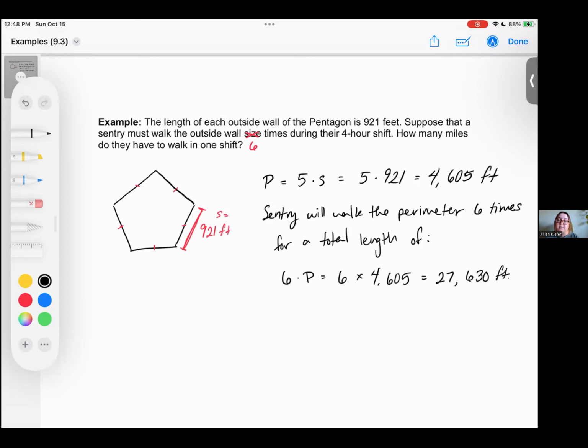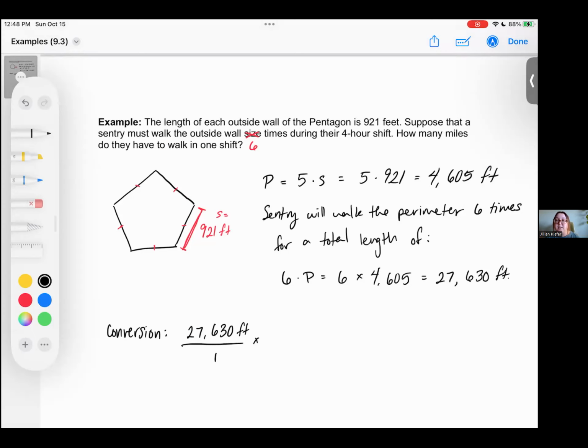But remember, we want this in miles, so we need to convert this number into miles. So we want to remember our conversion tactics that we used a couple sections ago. When we do our conversion, remember we start with the value that we have. So this is 27,630 feet, and this just gets divided by 1. We know that we have feet, and we're converting to miles.